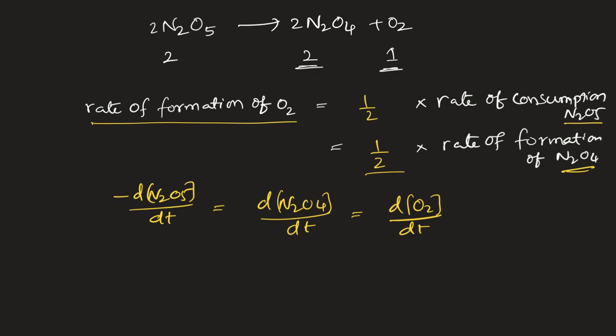Now, according to this, the rate of formation of O2 is how much? Half of the rate of consumption of N2O5. Now, the middle one, N2O4 by dt, forget. Then how much is it? A half. 1 by 2, this is nothing but 1 by 2. So now these two compare.